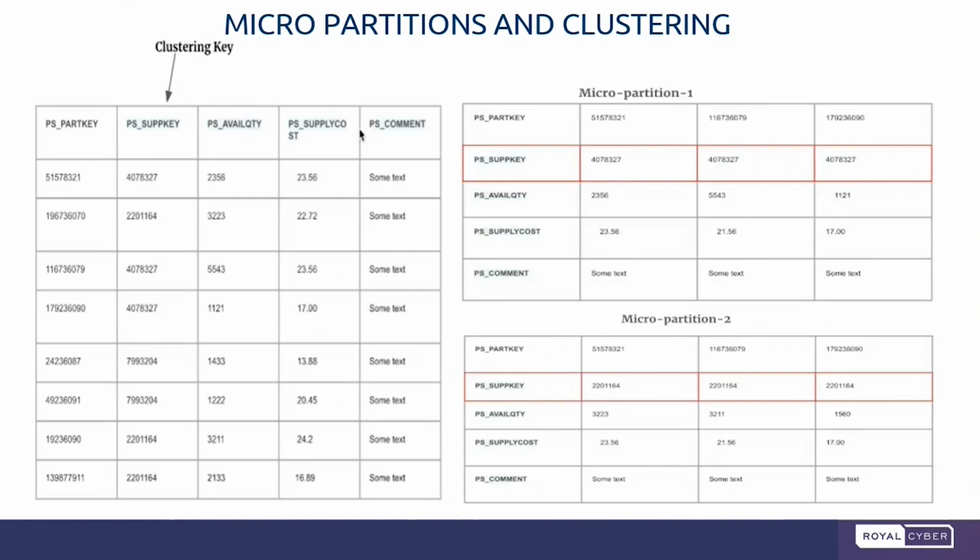And if the data is really huge, Snowflake can automatically assign a clustering key to it. Clustering is, for example, on this column, PS supply key.